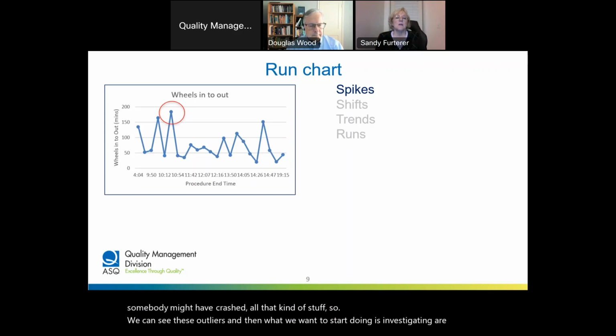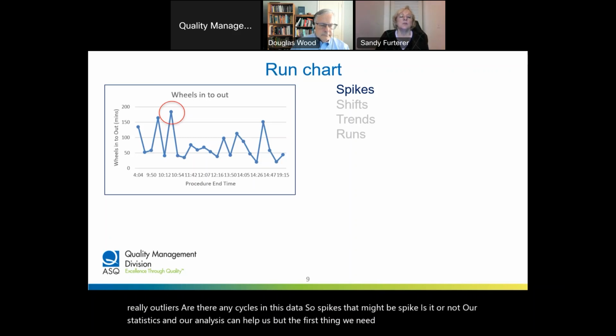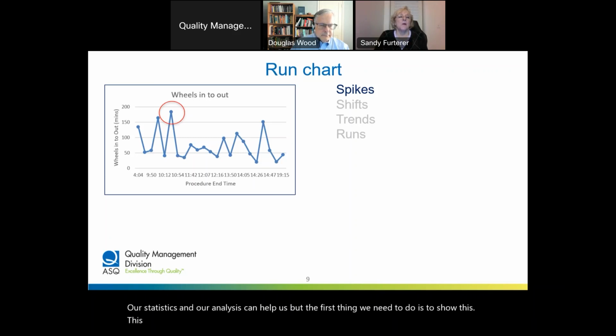Are they really outliers? Are there any cycles in this data? So spikes, that might be a spike. Is it or not? Our statistics and our analysis can help us, but the first thing we need to do is to show this graph, and it's very, very powerful because we can see our spikes.